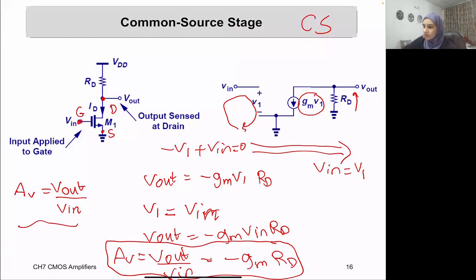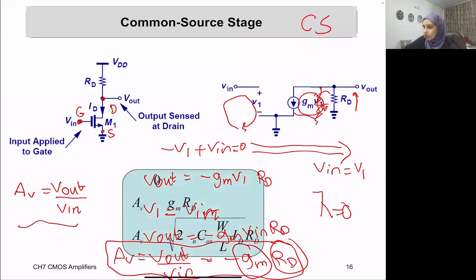So it depends on the transconductance of the transistor, and it depends on the load impedance, which is here RD. Now here we were assuming that there is no Rout, so we assume that lambda equals 0.